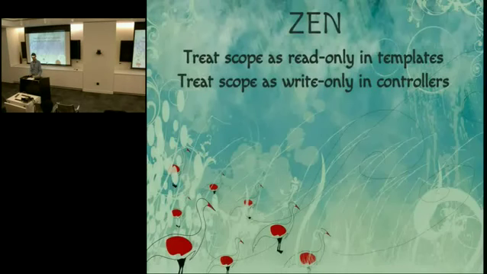Then treat scope as read-only in templates and treat scope as write-only in controllers. Read-only in templates, I feel, intuitively makes a lot of sense when you are writing your templates either for just regular pages or for directives. It makes it very difficult to test if you are changing values of your model inside of your markup.